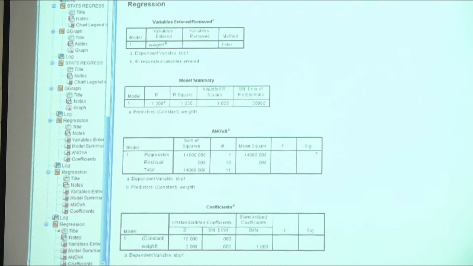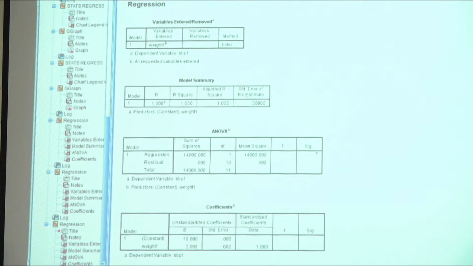Right. But how will you get the number 2? If you change weight by 1 kg, then how much will be the change in systolic blood pressure?